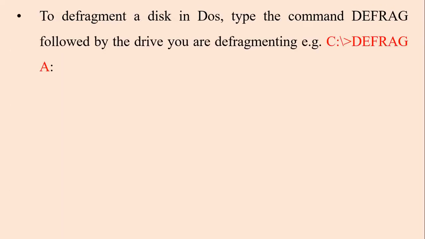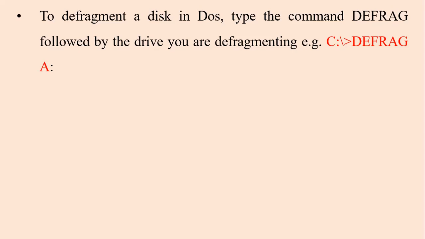In order to defragment a disk in disk operating system, type the command defrag followed by the drive that you are defragmenting. For example, at the command prompt, type defrag space A:. In other words, type defrag followed by a space and the disk drive or disk media that you want to defragment.